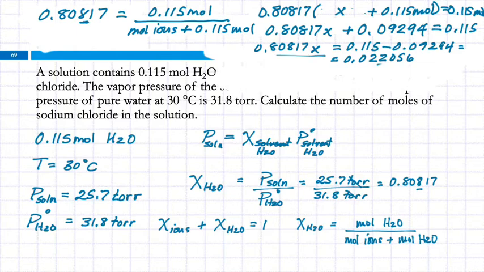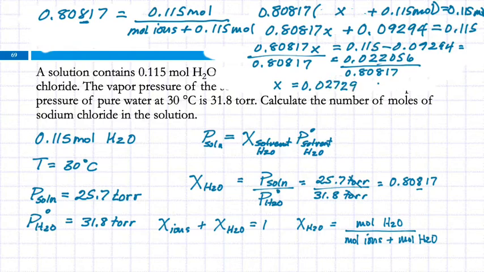So then to solve for x, I need to divide both sides by 0.80817. X equals 0.02729.